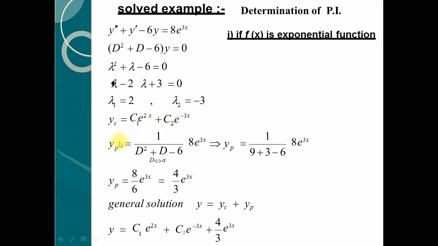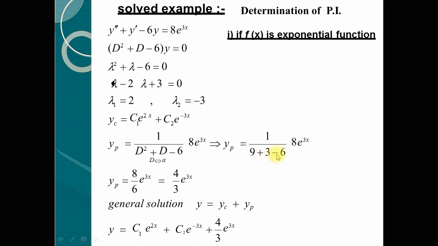Now for the particular solution, write the differential operator in 1 over form, and this will be treated as an integral operator, 1 over d square plus d minus 6 into the right hand side function, which is equal to 8 e power 3x. Now for the particular solution, replace this d by the coefficient 3, putting d is equal to 3. So 1 over 9 plus 3 minus 6 into 8 e power 3x.